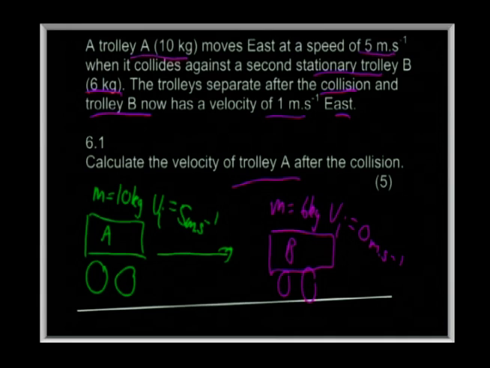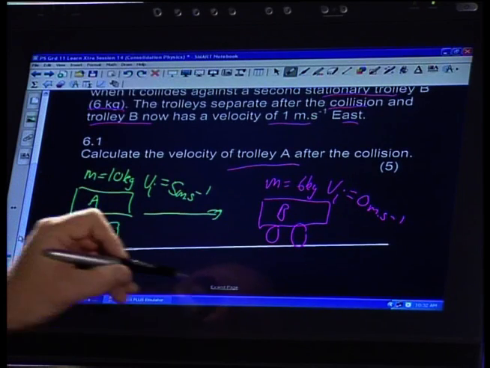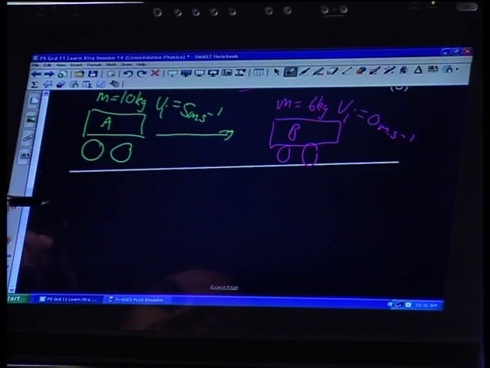Now, what we need to recognize is that when you've got collisions, you've got conservation of momentum. The first statement you're going to write in your book is that momentum is conserved. The total momentum before collision is equal to the total momentum after. So I'm going to start that process right here, having just sketched the initial condition.